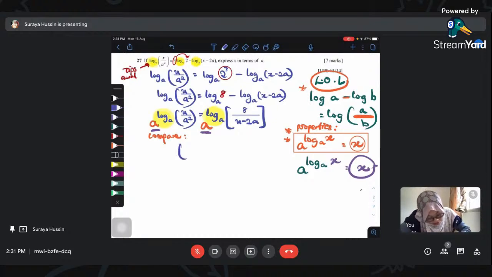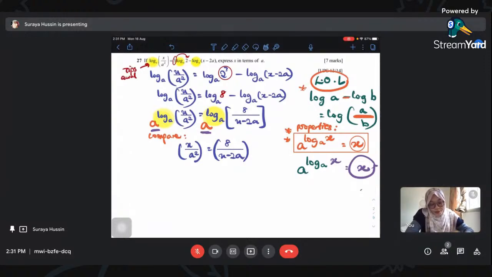Means tinggallah X over A squared is equals to 8 over X minus 2A. Okay? Boleh faham ke guys?